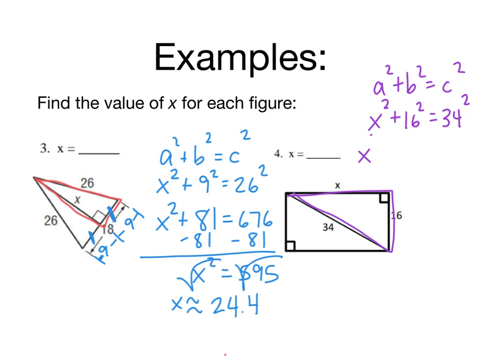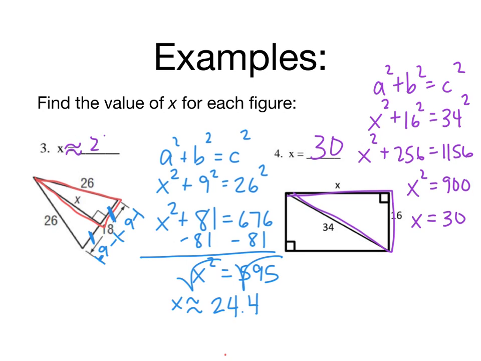So when I go through and do the math, x squared plus 16 squared, let's see, 16 times 16 is 256. 34 squared is 1,156. Subtract, and we get x squared equals 900. I think that's a perfect square. Yep, it is indeed. The length of x in this problem is 30. So I'm going to put 30 for this one. And approximately, again, changing my equal sign to indicate that I rounded, 24.4.